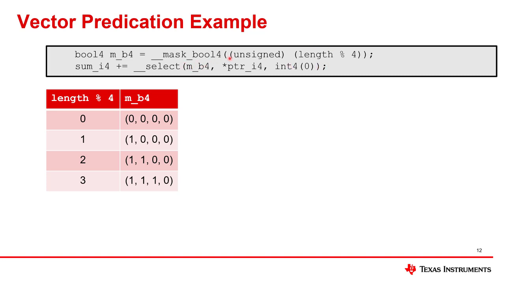If there's a 1 here, it's going to get the value from there. So let's consider the example of, say, the input's 2. That means there are 2 values in pointer I4 that need to be added in, and they are in the first 2 positions. So it's going to get them from there, and then the last 2 positions are going to get it from the 0 here, and that taken together is what gets added into sum I4. So this operation is what we call vector predication.